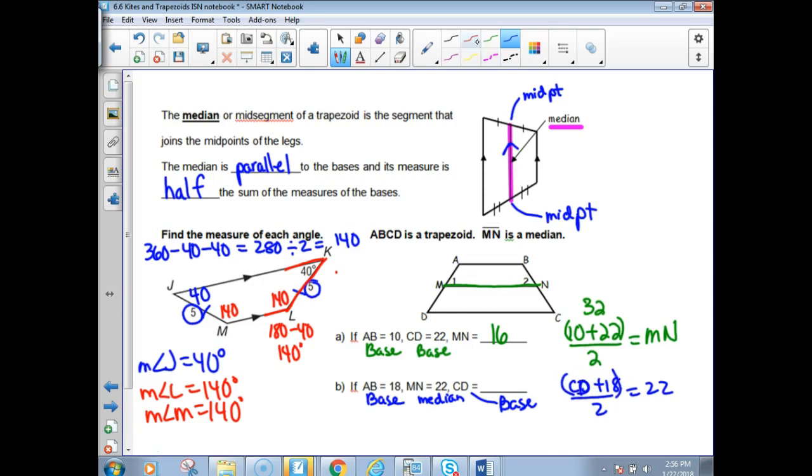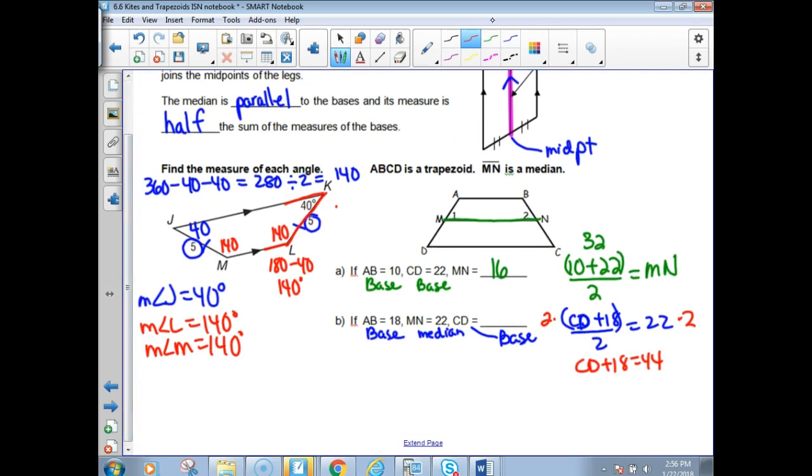If you were to do that, you would need to multiply both sides by 2. That would give you CD plus 18 equals 44. You would subtract 18 from both sides and get CD is 26.